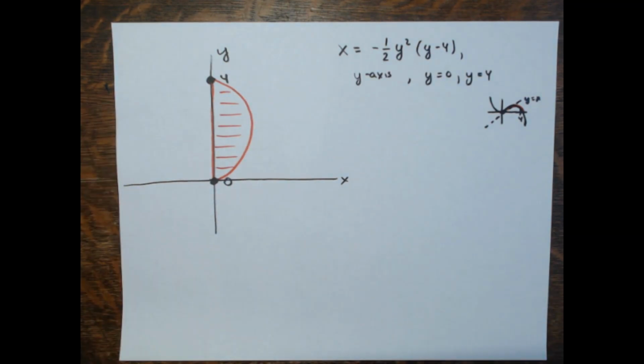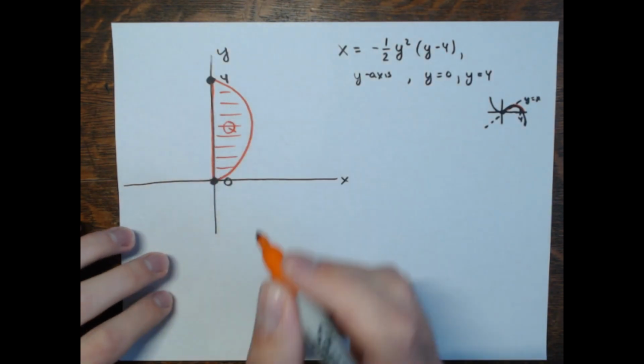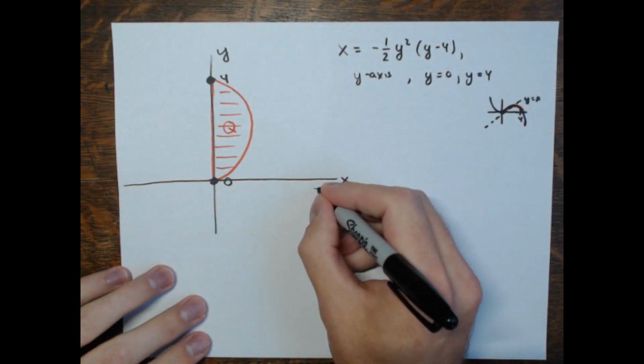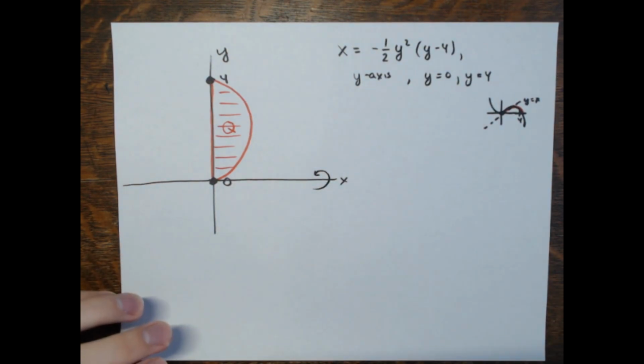All right, and that region, they're calling that Q. And once again, this is being rotated around the x-axis. And I want to find the volume of the shape that's created, right? It's a 3D figure.